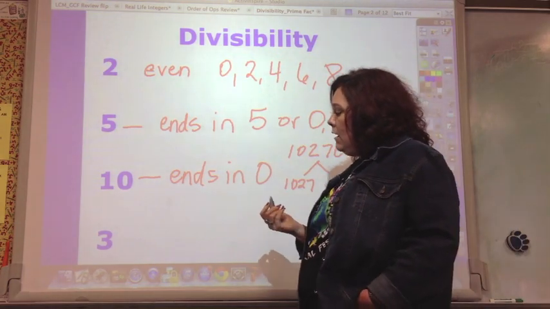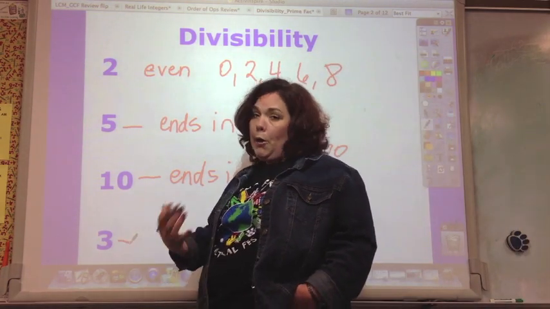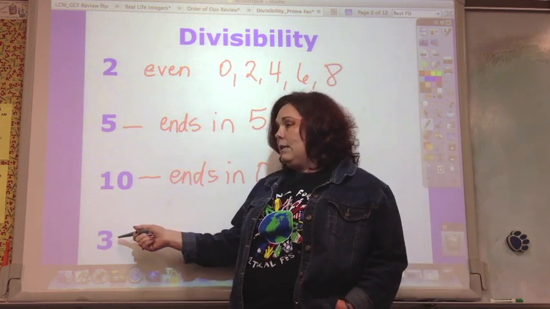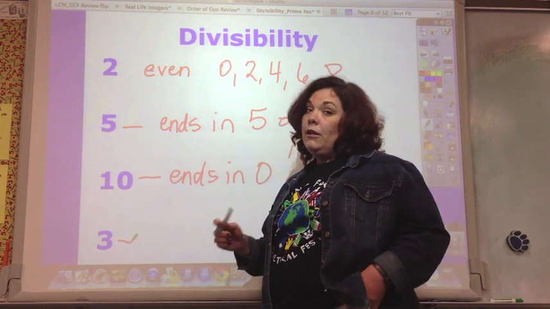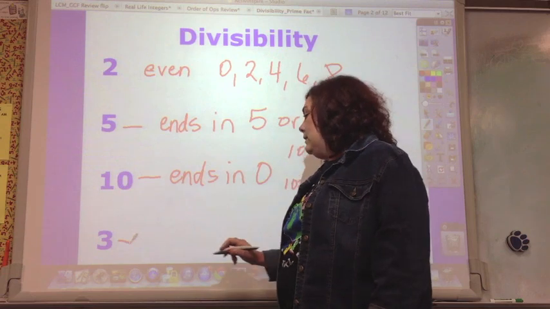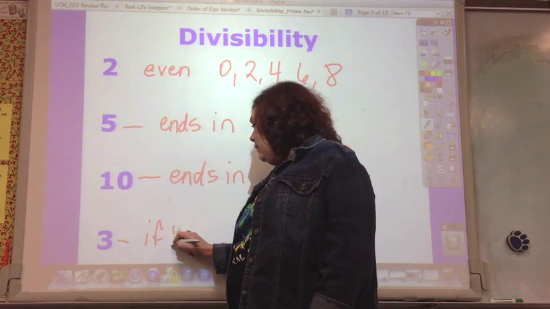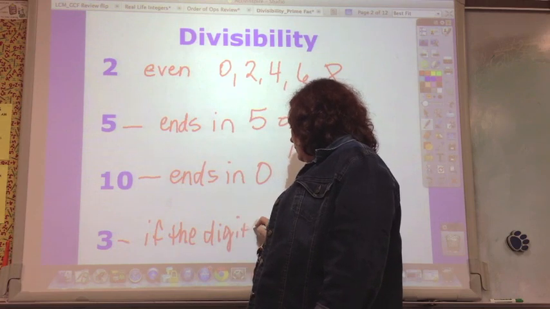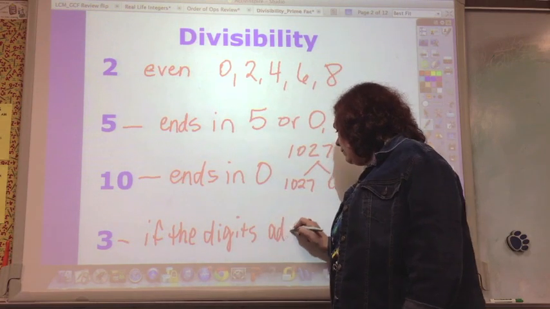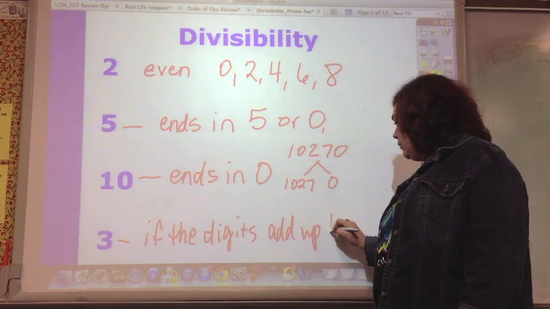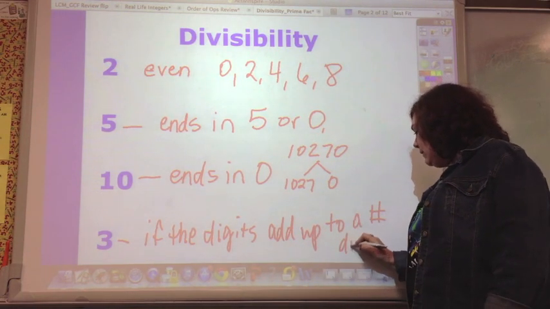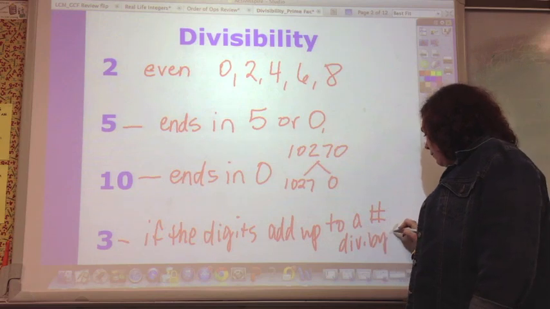And then the last one that's helpful with doing prime factorization is 3. And it's a little trickier. It's if the digits add up to a number divisible by 3.